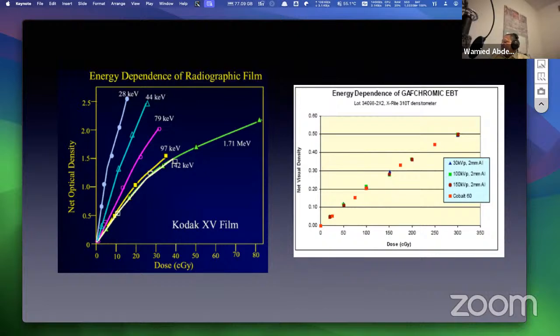We need to establish an energy response curve in that energy before we could use the dosimeter to measure doses in that energy. So this is an energy dependent dosimeter, and this is an energy independent dosimeter.